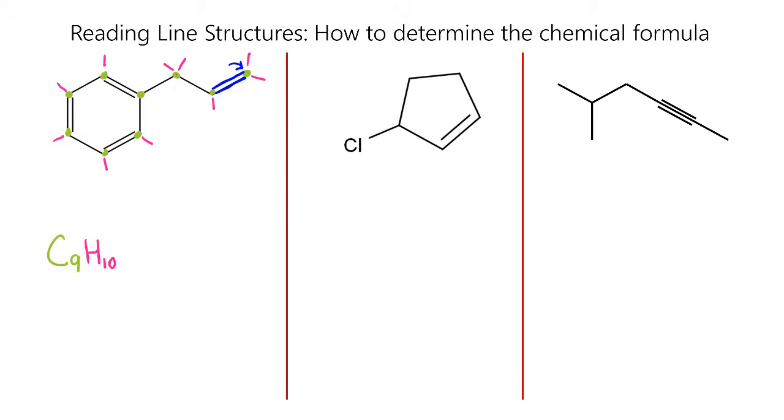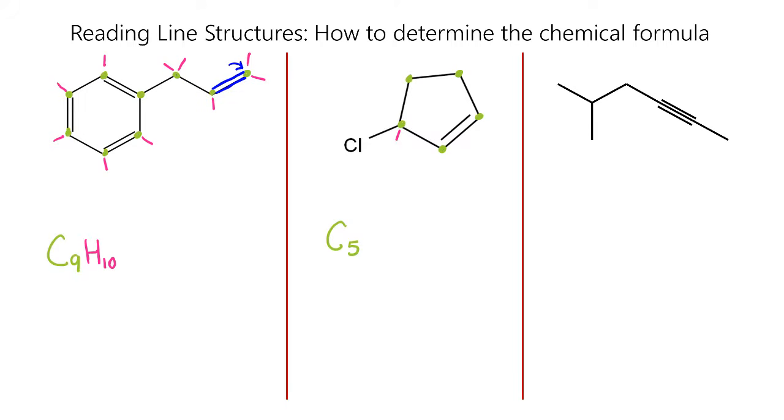Let's take a look at the second example. There's a chlorine on the end, so we're going to leave that alone for now and go around our 5-carbon ring. 1, 2, 3, 4, 5. So it's C5. And now we count where our hydrogens could possibly go.